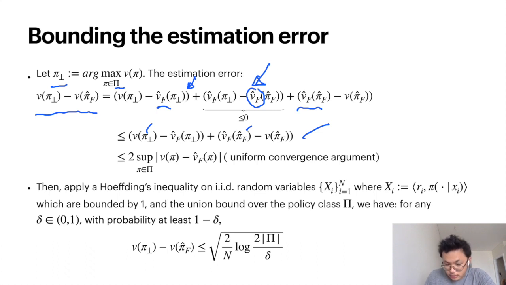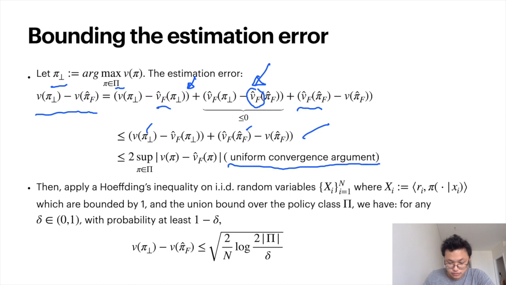This is a standard uniform convergence argument that you will encounter a lot when you establish uniform convergence generalization bounds in reinforcement learning or in supervised learning.